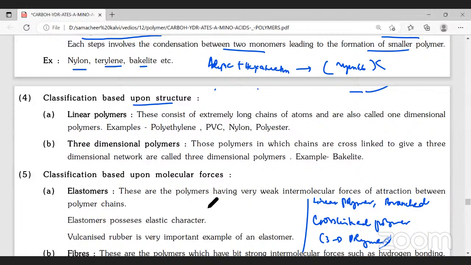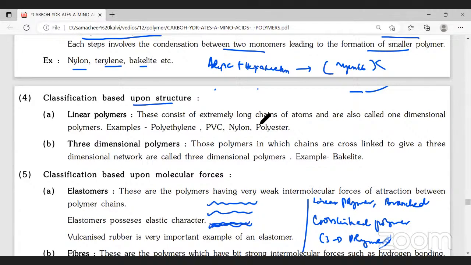Now, when we talk about a linear polymer, generally the polymer chain is like this. For example, if you take hair, the different strands are each separate. They do not have any connectivity between them. So these are called linear polymers.